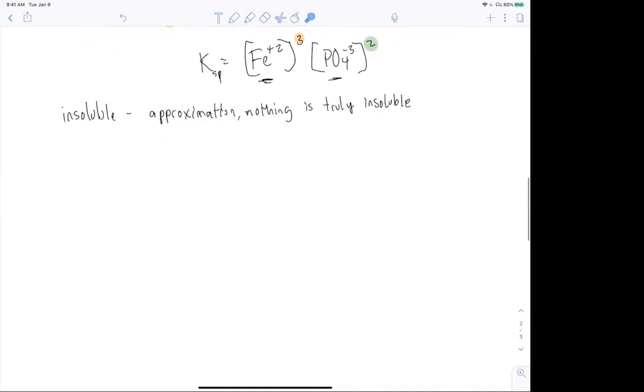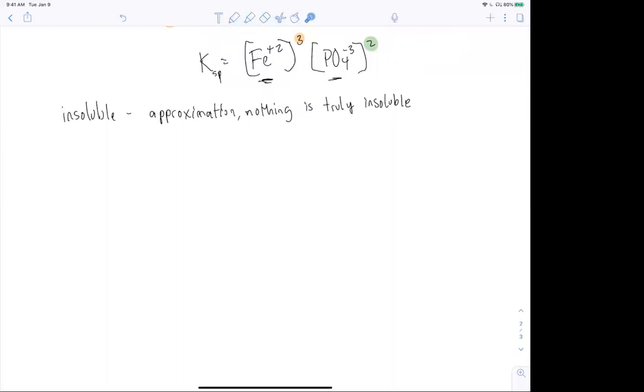So. All right. So solubility equilibria, we can use this to do some solving. Ksp.